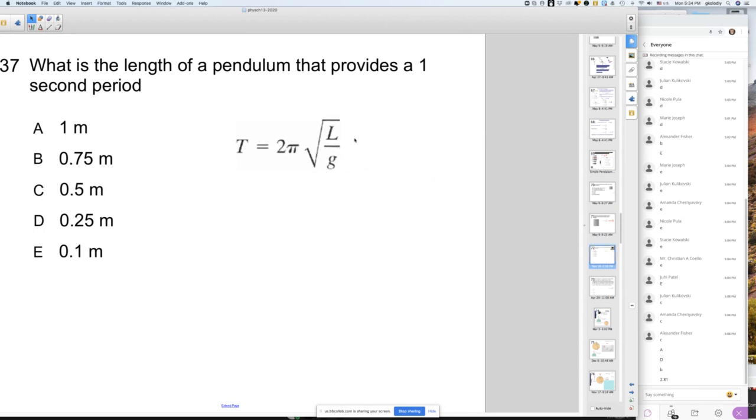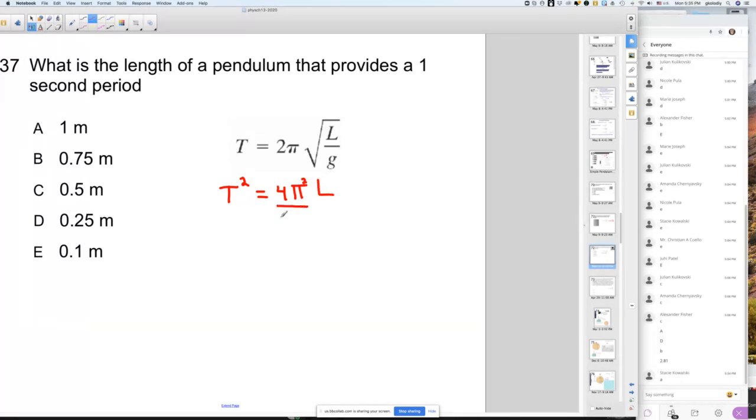Basically using this equation, but you're solving for L. What do you have to do to both sides? You square both sides. So you square the left side, you get T squared equals 4 pi squared, which is approximately 40, times L over 9.8.